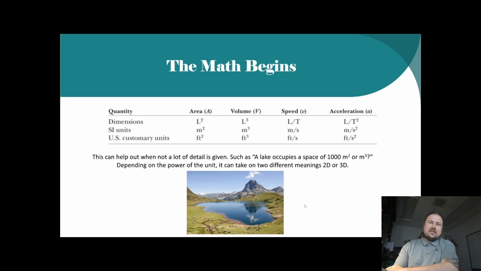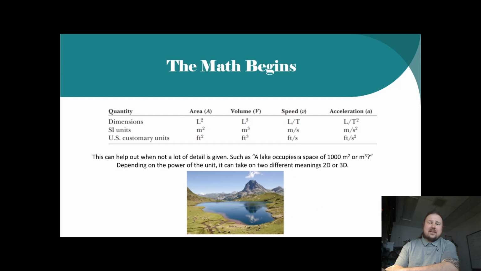And if, for instance, the question states that there's a lake that occupies a space of 1,000 square meters, well, you know that meters squared is going to be an area. This is talking about the surface area of a lake. So just the top bit. It occupies this space is just the top surface area of the lake.